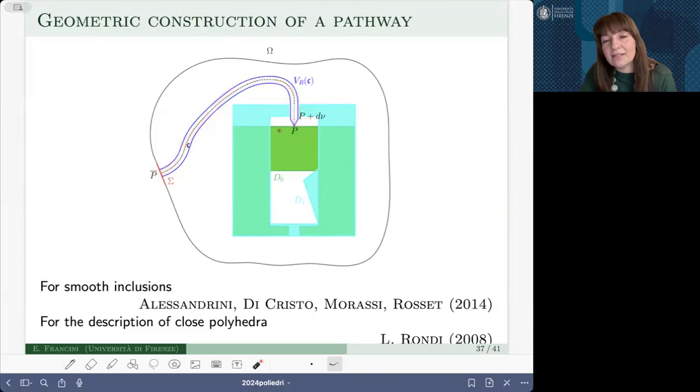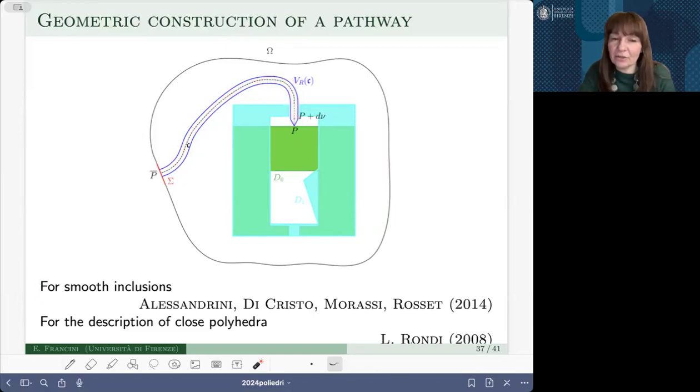In this case, the important point is the point that realizes the maximum distance between the two polyhedra. And we need to find a path that goes through our domain and never touches any of the polyhedra.